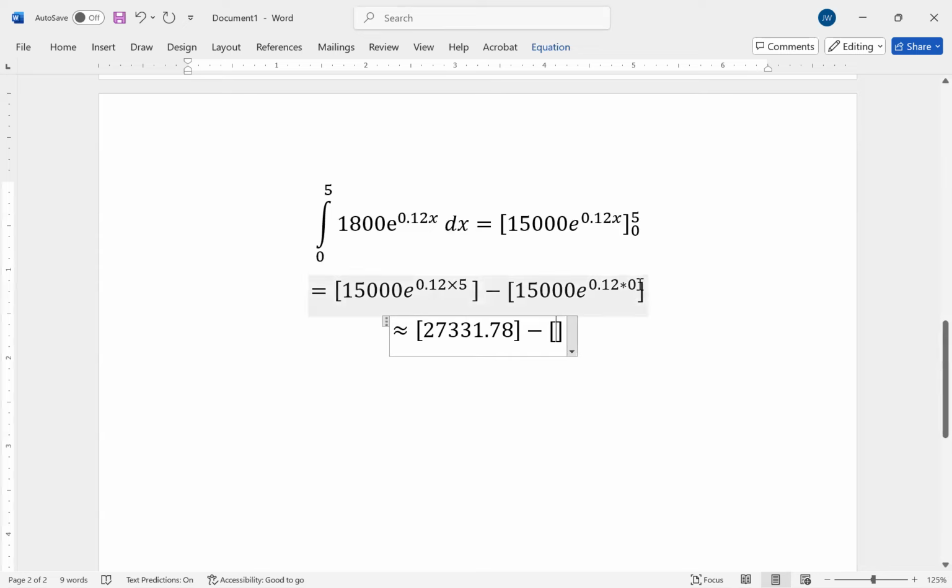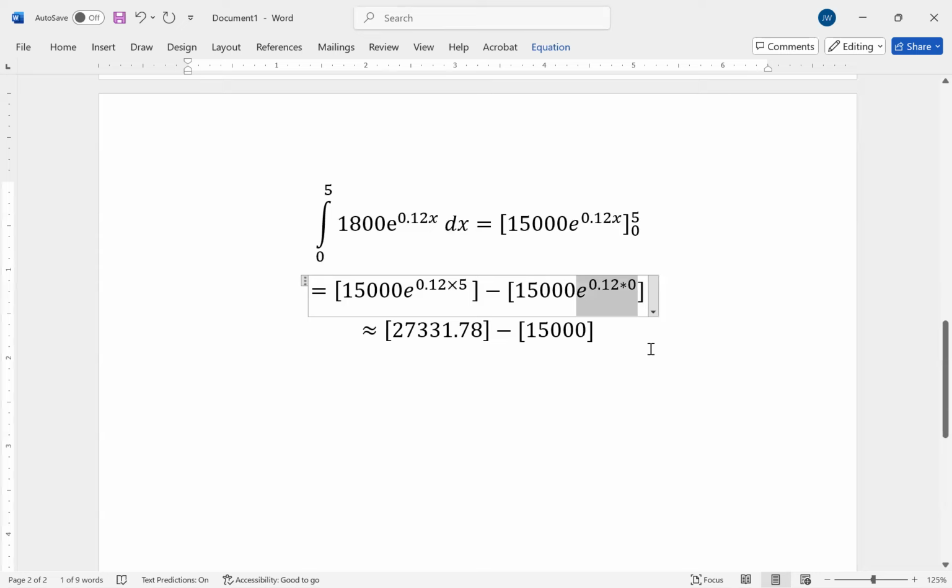And when I plug in 0, 15,000 e to the 0.12 times 0 gives me 15,000. Again, e to the 0 is 1, so this thing turns into a 1. I just get 15,000 times 1.